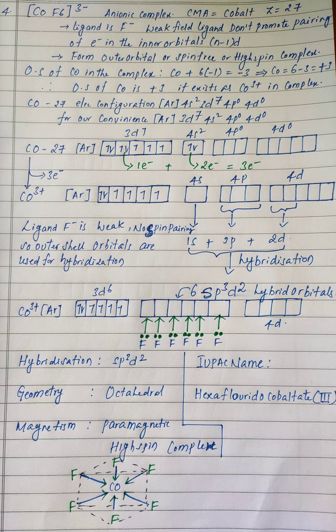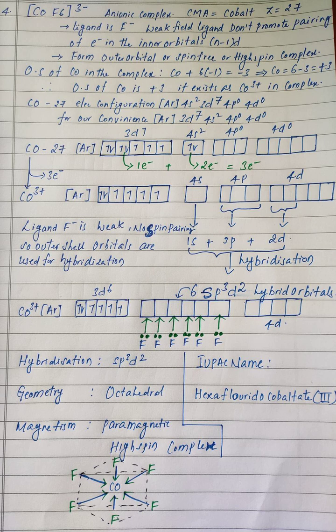So cobalt will be equal to 6 minus 3, so cobalt gets a plus 3 charge. The oxidation state of cobalt in the anionic complex is plus 3. It exists as a Co3+ ion in the coordination complex.